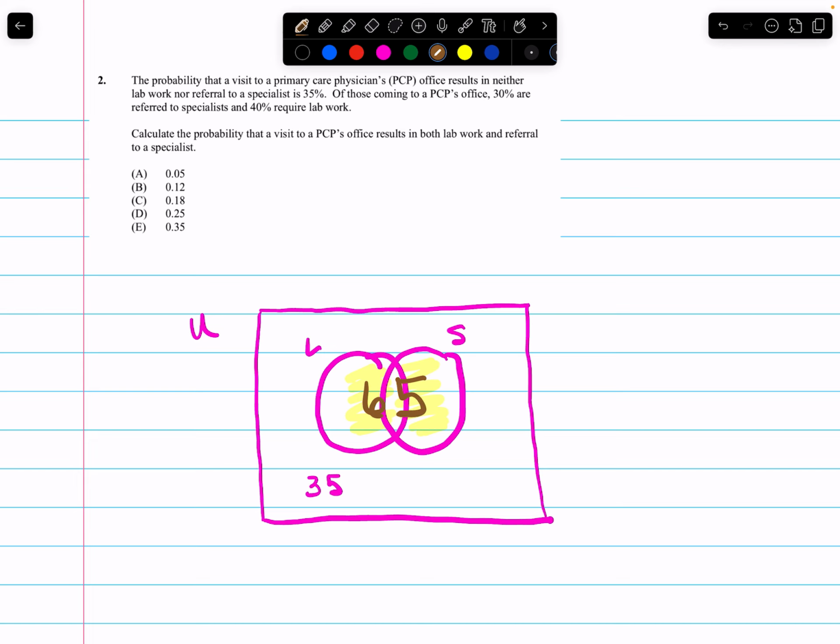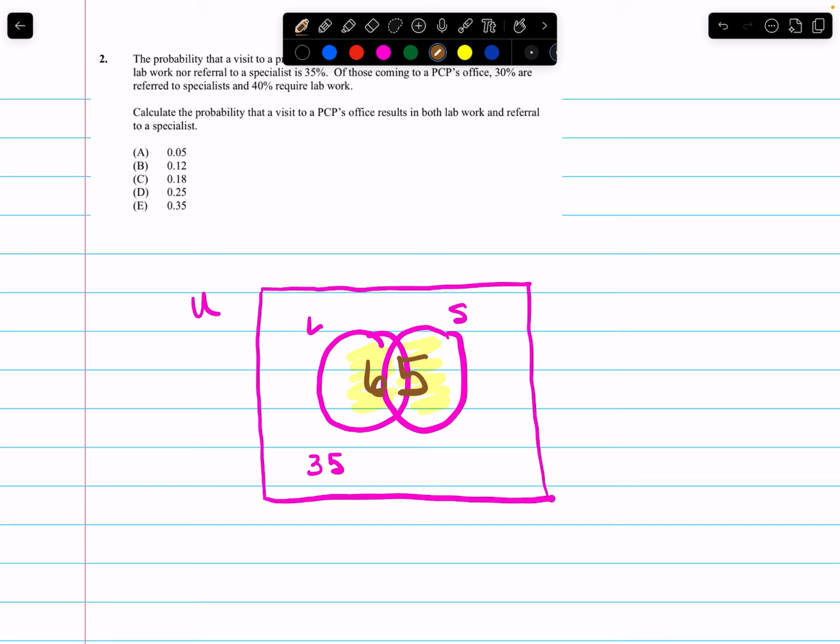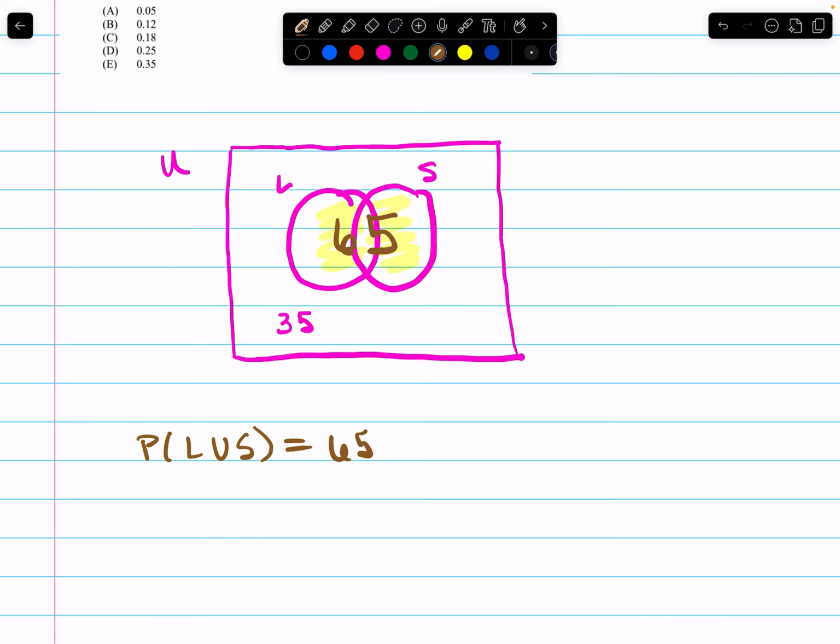That total is going to be 65 if what's outside is 35, and that corresponds to the union of those. So the probability of getting lab work or being referred to a specialist, we see from our picture, is 65%, or 0.65 if you want to work with decimals.